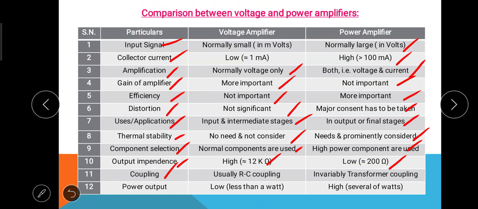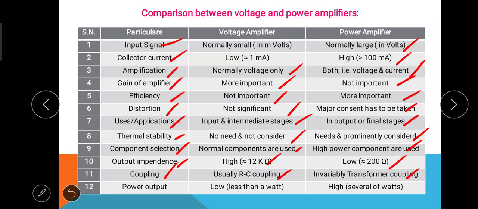Next, it is about coupling. Recently we have discussed various coupling components and circuits. So in case of voltage amplifiers, normally RC coupling is used, whereas in case of power amplifiers, transformer coupling is used. Particularly, transformer coupling is the best coupling to match the impedance of the output stage with the input stage.